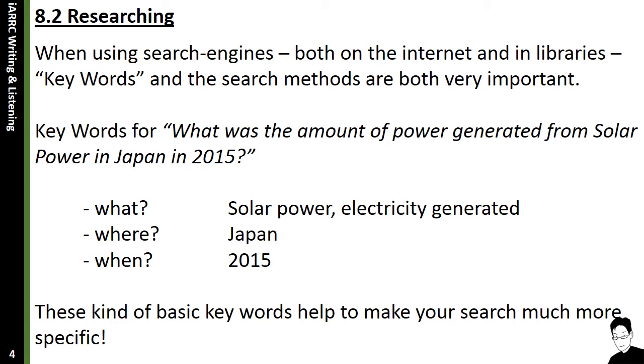For example, if we wanted to know the amount of electricity generated in Japan in 2015 by solar power, we might break the question down into what, where, and when elements, like this. These keywords will help to make your search much more specific.